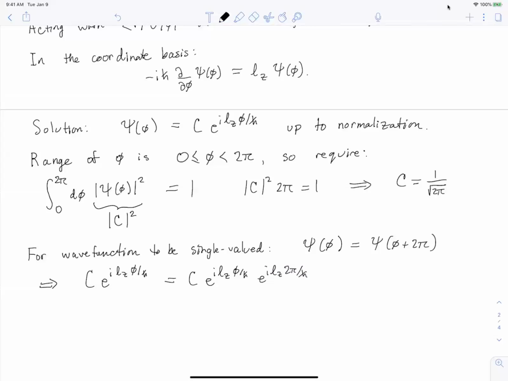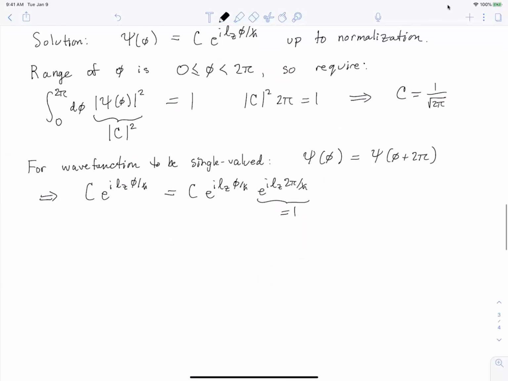Okay, and so this factor must equal 1. And so what does that tell us? That tells us L z 2 pi over h bar should equal an integer multiple of 2 pi. We'll call it m.